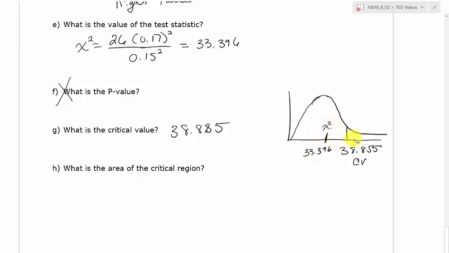So just to give you a little heads up, so here we would fail to reject because our test statistic is not in the tail. So if it would have ended up in this tail over here, then we would reject our null hypothesis. And the area of the critical region, this is always just your significance level. So that would be 0.05.